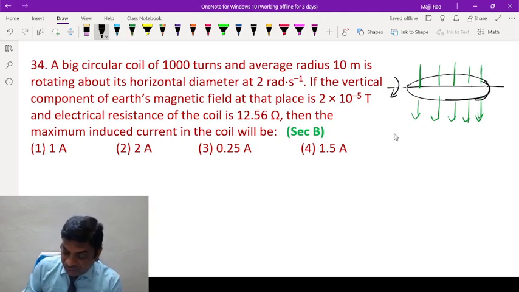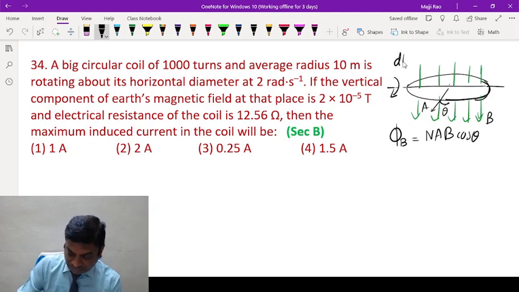So at any instant, if I take the area vector as A, and the angle between the magnetic field and area vector as theta, then the flux due to the magnetic field is NAB cos theta.